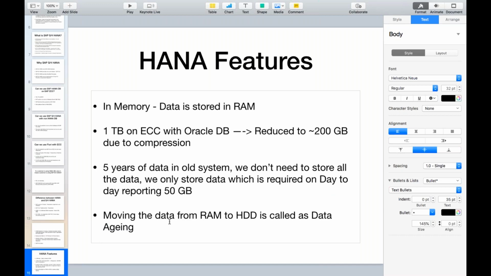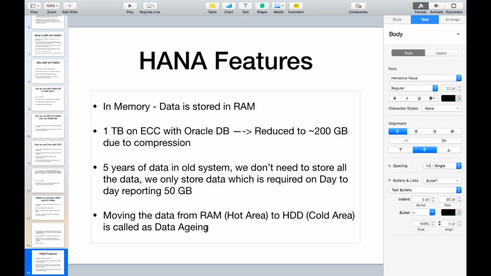Normally RAM is called the hot area, because you are storing the fresh data in the RAM, and hard disk is called the cold area because you are storing the historical data on the hard disk. So moving the data from hot area to cold area is called data aging.